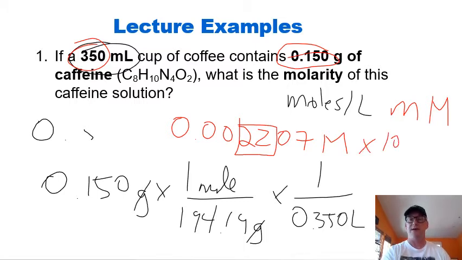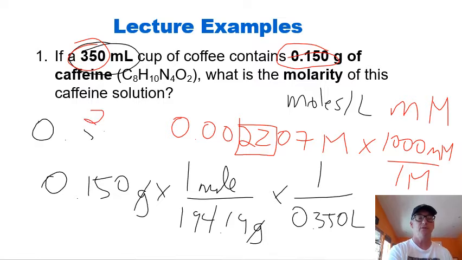Also, we can convert that to another unit called millimolar, which just means 1,000th of a molar. So there's 1,000 millimolars in 1 molar. And when we do that, we get 2.2 millimolar. You'll see millimolar a lot when you're dealing with really small concentrations.